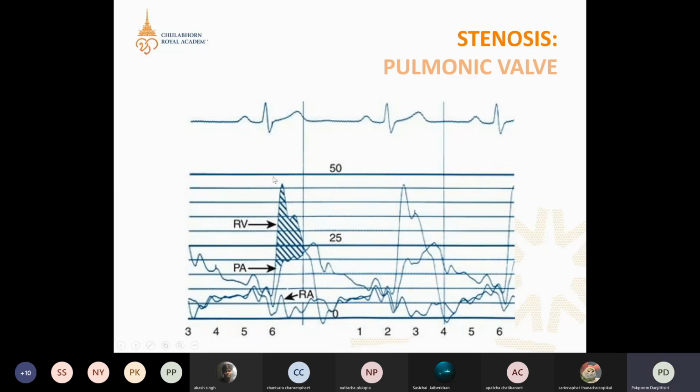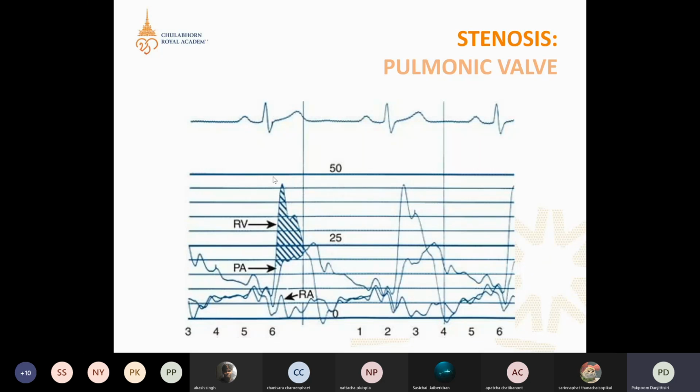You just change the label of the pressure from LV into RV and aortic AO, or aorta, into the pulmonary artery or PA. The same idea, you have to focus on which valve you are looking at, definitely the pulmonary valve, and stenosis or regurgitation. So this one is stenosis.